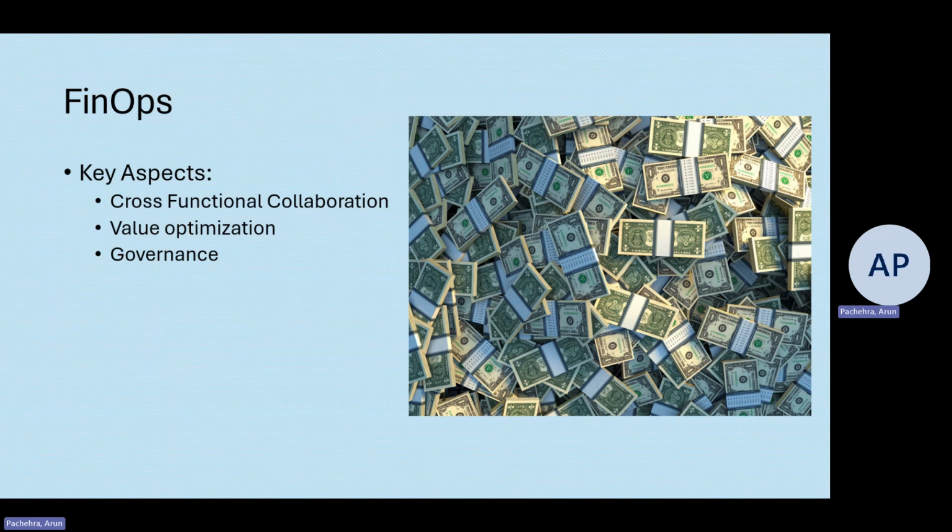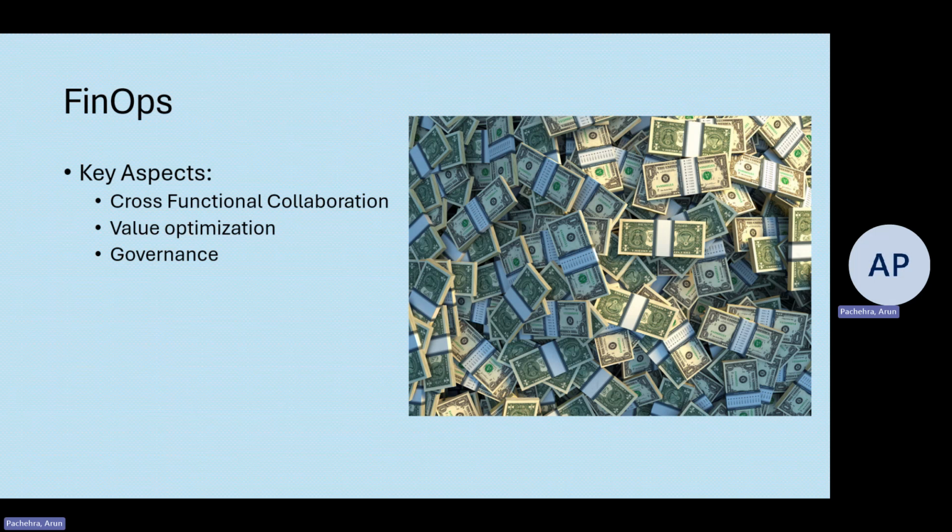It's a set of practices designed to bring financial and operational control to the variable spend model of the cloud, fostering a culture of cost awareness and responsibility. So it seems FinOps is a little wider, and you can say cloud optimization is one of the pillars under FinOps that we already understood in the previous one.